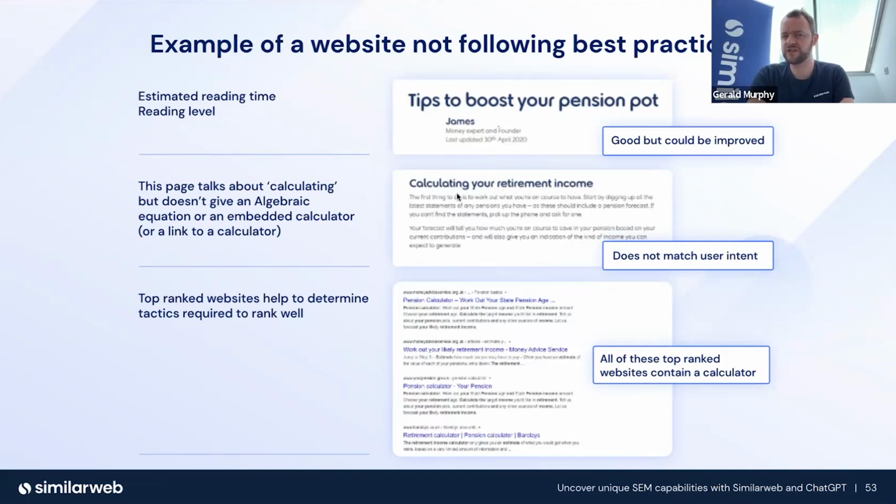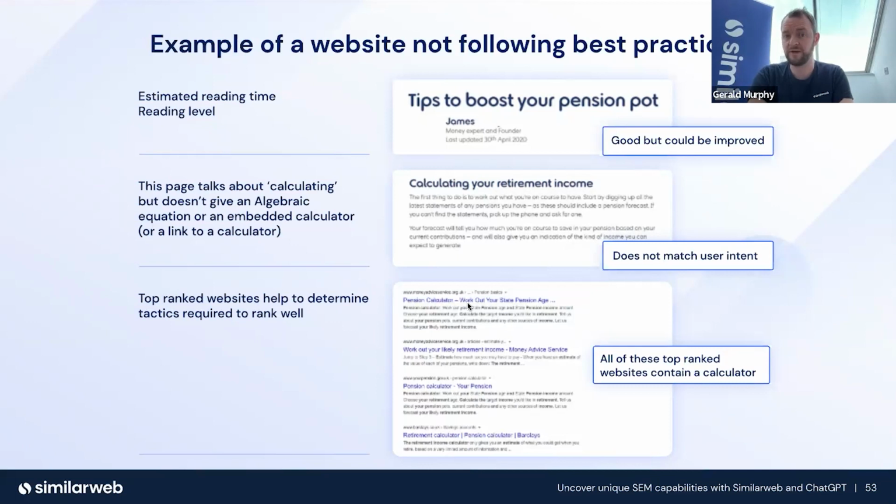This page talks later in it about things like calculating your retirement income. That doesn't match intent. This page itself doesn't even have a calculator on it, or it doesn't even give a simple equation that you can use on Excel or Google Sheets, for example, to actually calculate your retirement income. This, in the world of search, does not reflect user intent.